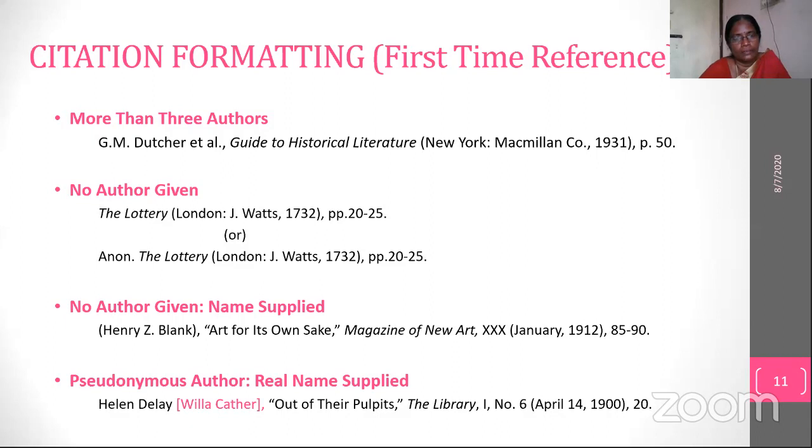So there are two ways to present the book, but not given any authorship. The title, or anon. So you may start with the book title or start with anonymous, and then the rest of the things.